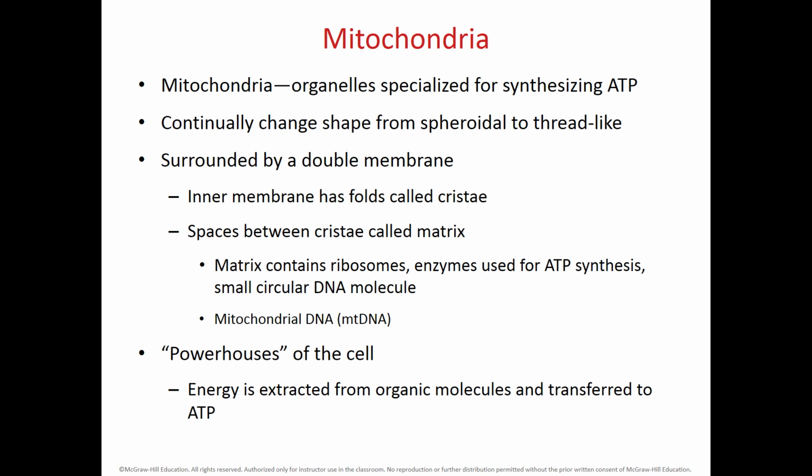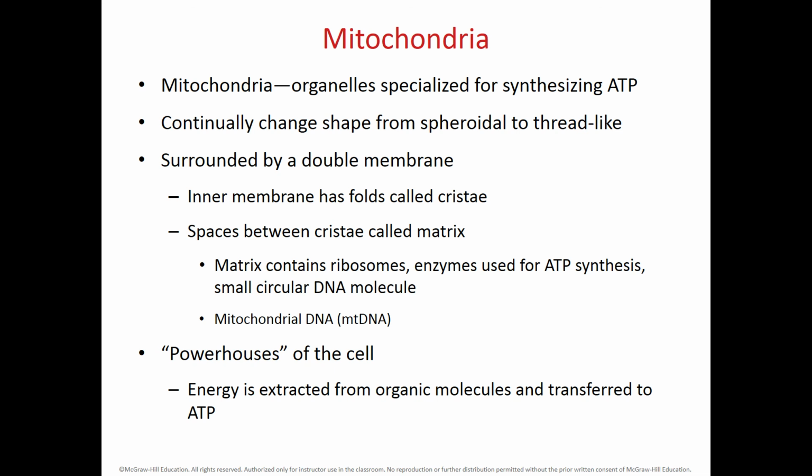Now, the mitochondria is a sausage-like organelle. It has the size and the shape of a sausage, and this organelle is the powerhouse of the cell because it synthesizes the majority of the ATP. It can change its shape from sausage to thread-like in some cases, and this organelle has a double membrane.